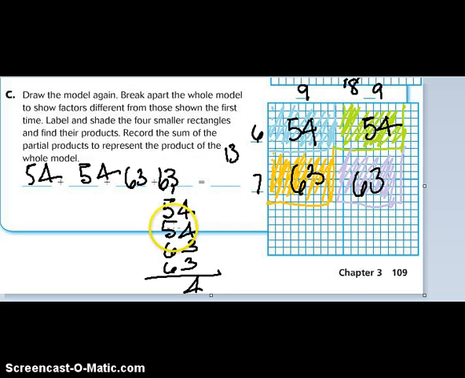So that's 10. 12 is 22. Plus one more is 23. And guess what? We still have the same answer, 234. So therefore, we know that 13 times 18 equals 234.